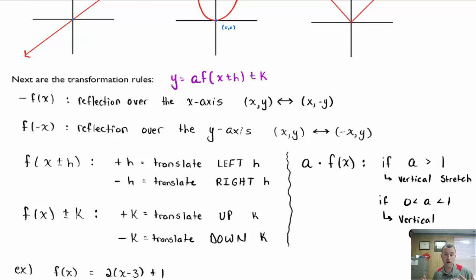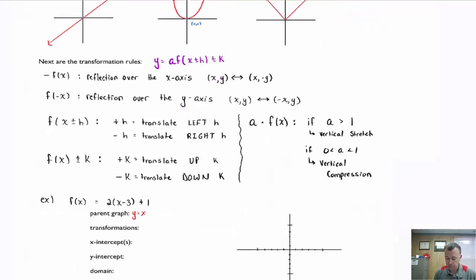Those do apply, but we don't really deal with them that much. Otherwise, I'd have a b times x plus or minus h in here. But we're not really dealing with it. So it is there, I'm just not going to be messing with those. So these are the ones we're going to be looking at. So a is the number in front, h is the number being added or subtracted from x, and k is the number being added or subtracted to the function as a whole.